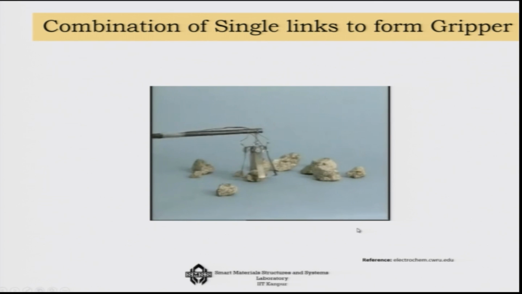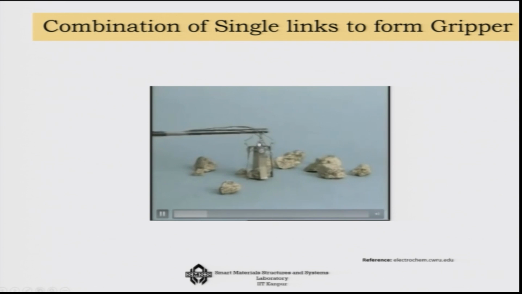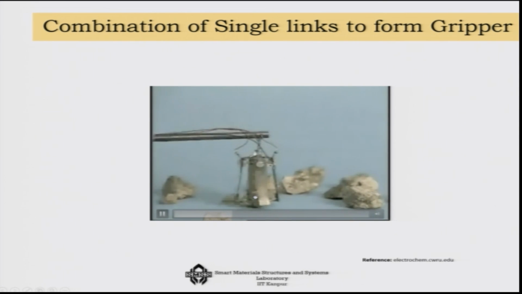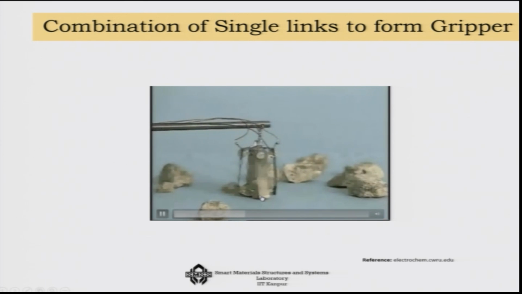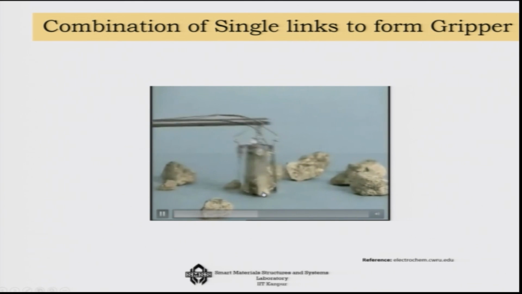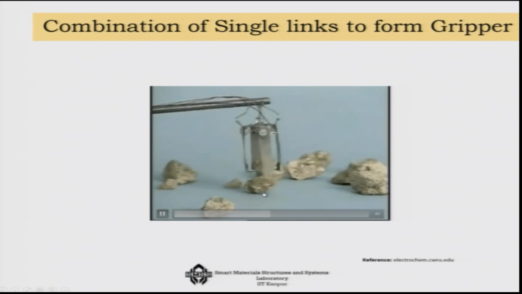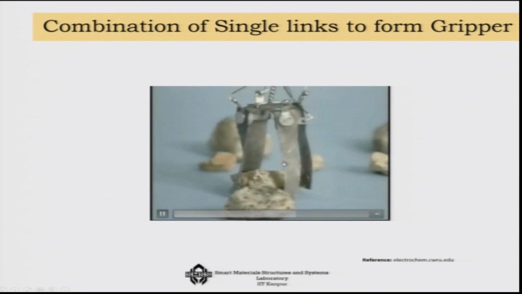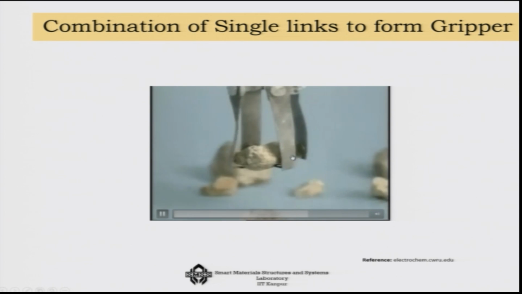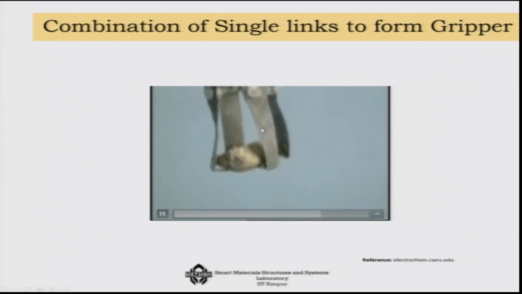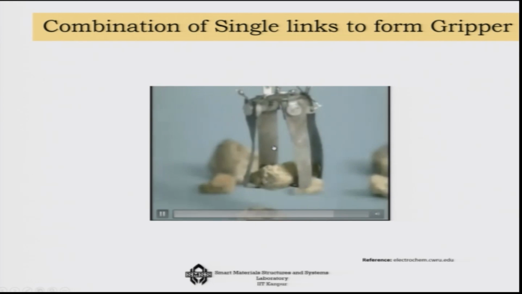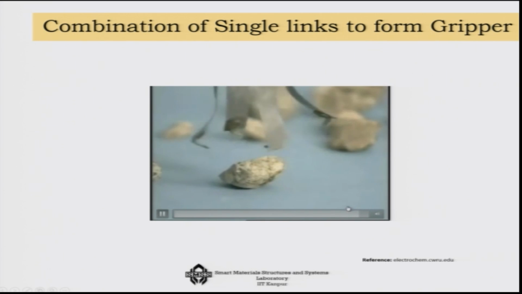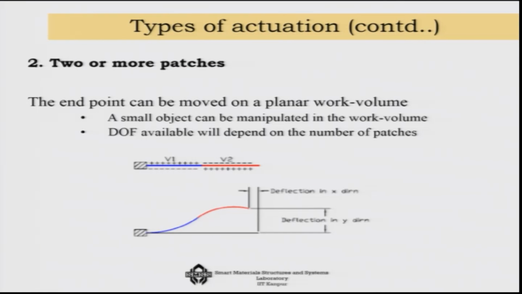You can see that by controlling the voltage from these ends, you are controlling this bending and using that for gripping a particular object. Like that, if you have to pick up a different geometry, you can change the voltage, and it is pretty much reversible, robust and programmable. So, that is one of the examples in which you can use such a system.